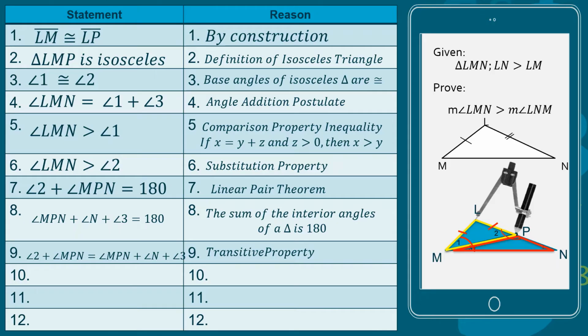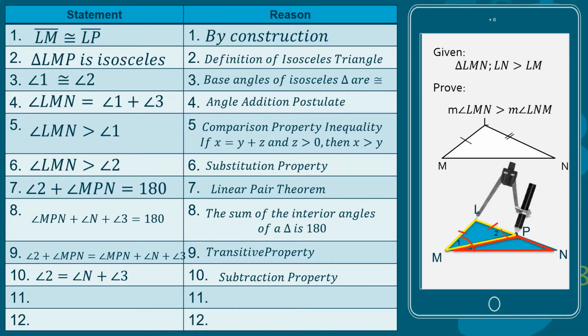When we subtract MPN on the left side of the equation, what remains is angle N plus angle 3. So, on statement number 10, angle 2 is equal to angle N plus angle 3. Since we subtracted angle MPN from both sides of the equation, the reason is subtraction property.